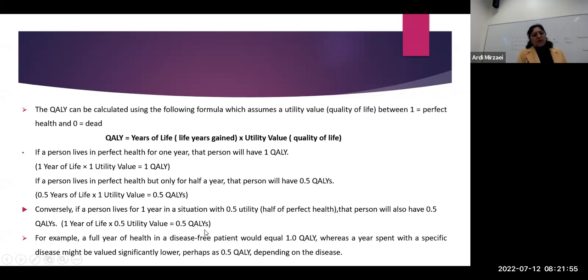So it is 0.5 QALY. So this is how we calculate. For example, a full year of life in a disease-free patient would be equal to 1 QALY, whereas a year spent with a specific disease might be valued significantly lower, perhaps as 0.5, depending on the disease.